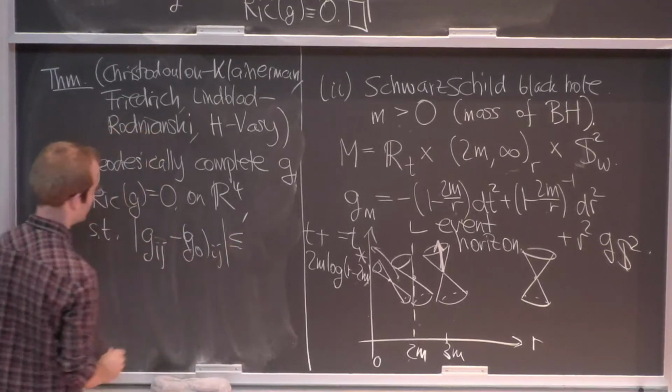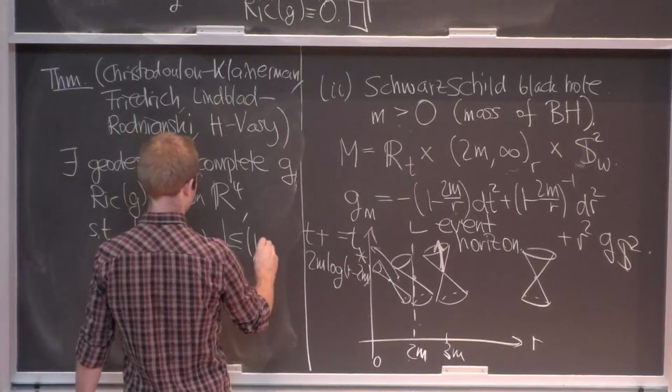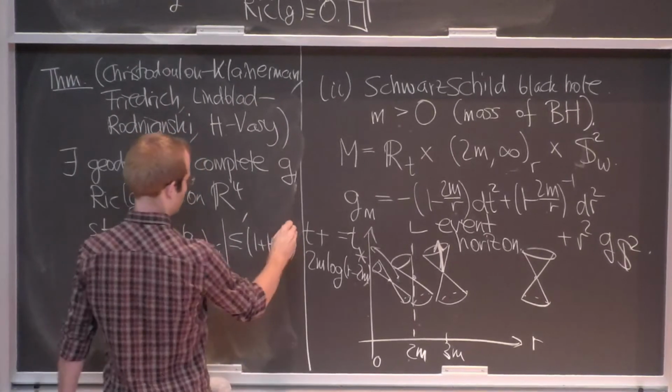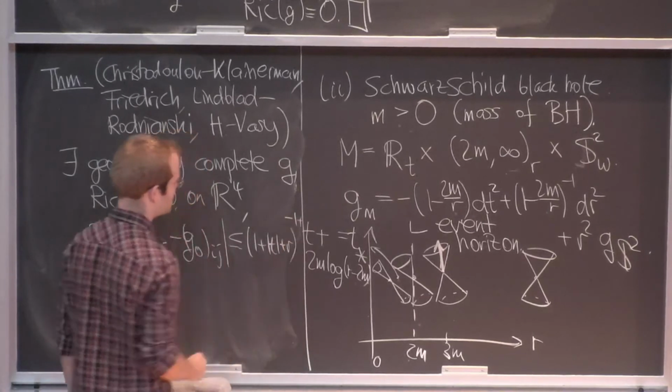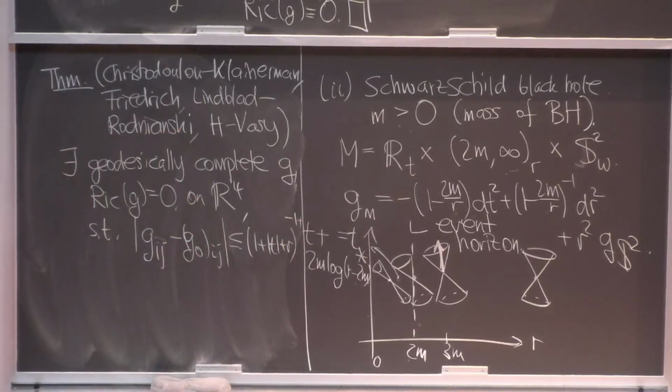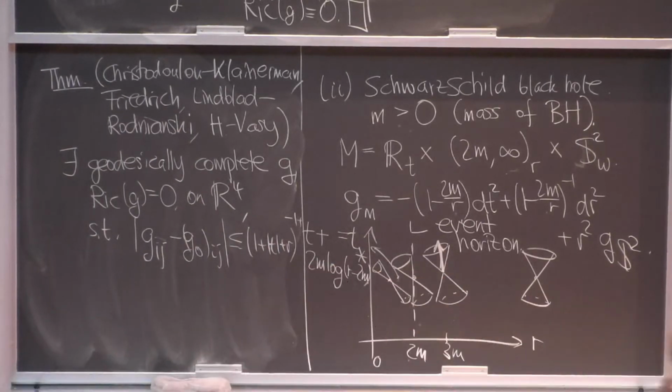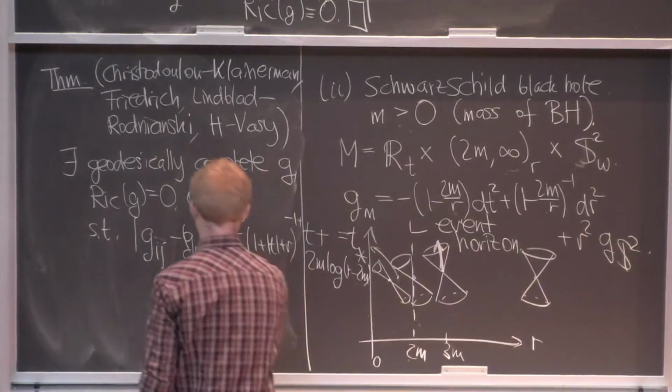So this decays to 0 in space and time. It's bounded by (1 + t + r)^-1. Perhaps there's some logarithm or something like that. But it decays in all space and time directions to the Minkowski metric. So this is the very, very rough version.